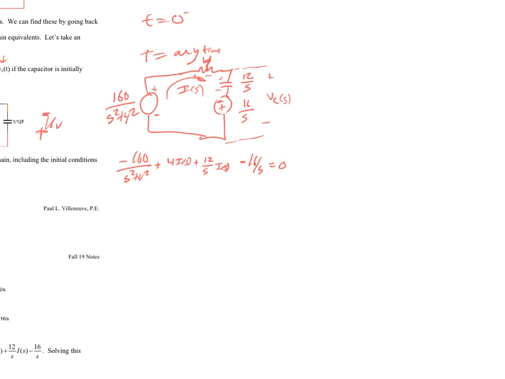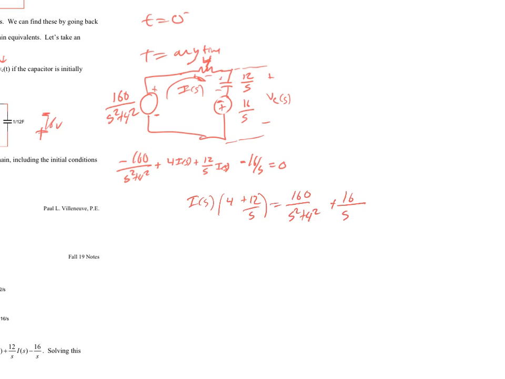So I'm going to bring our terms to one side. So I have I of S times 4 plus 12 over S is going to be equal to 160 over S squared plus 4 squared, minus, or plus I should say, 16 over S. I've got a bunch of fractions in these equations, and what's the best thing to do?